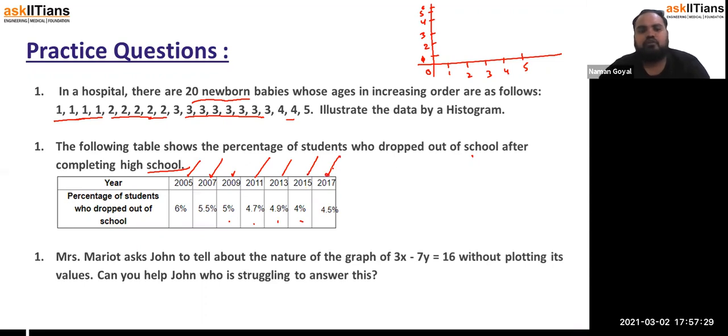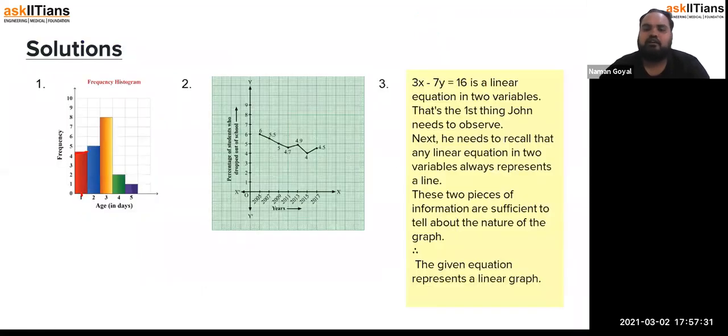So we have to draw a line graph basically. We mark all the years on the x-axis and all the percentages on the y-axis. First we plot the markers, like this. Then we join the markers and we get our answer. Got it? Now next question.